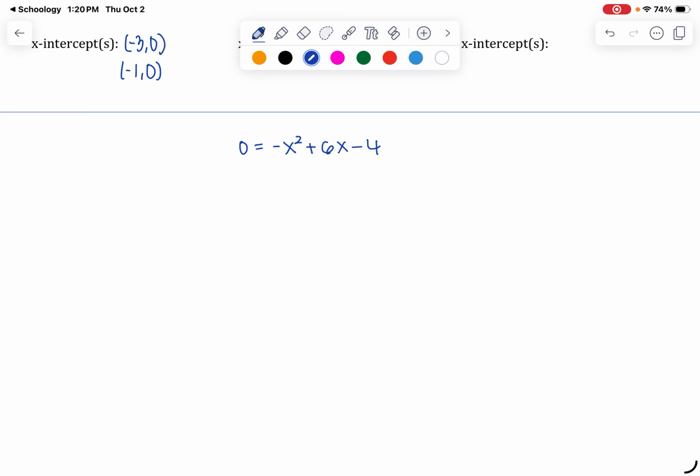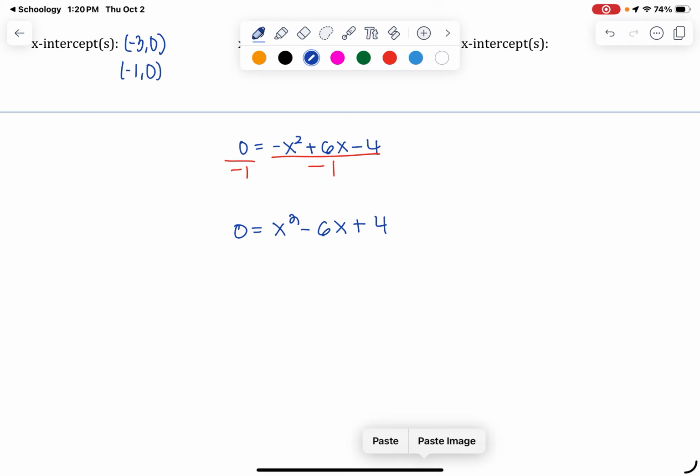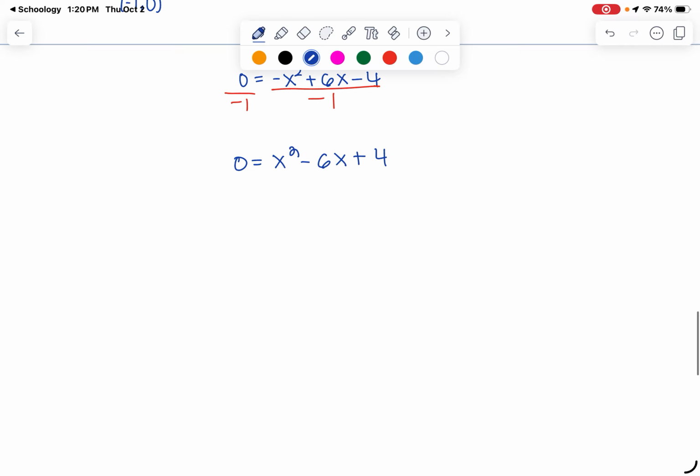I'm going to start by dividing everything by -1. So I have 0 equals x squared minus 6x plus 4. And then now I'm going to complete the square for x. So I'm going to subtract 4 from both sides. I got -4 is equal to x squared minus 6x.